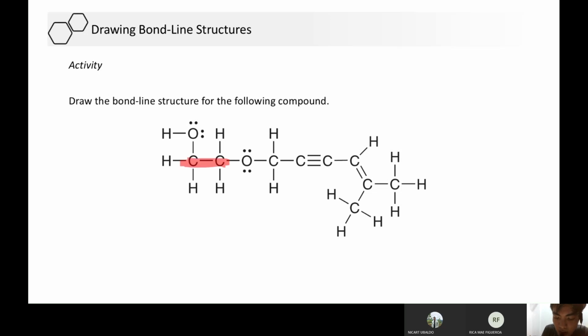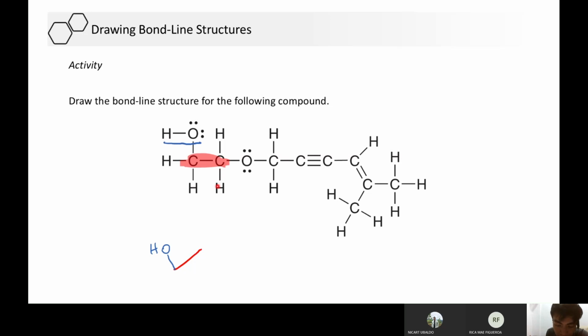I will draw this carbon-carbon bond as this line. Then what is attached to the carbon at the end? There is an OH. Again, if there is a heteroatom, you write it. So I will attach the OH there. So that's how I draw the OH.